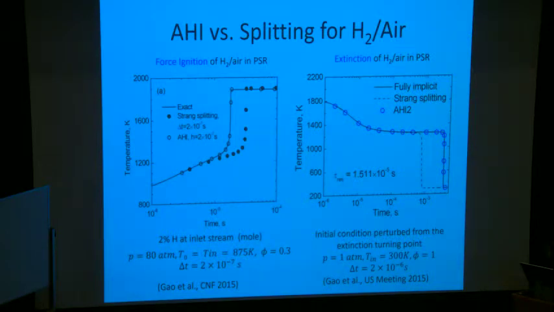The reason, as we explained for the forced ignition, is that if you mess up the radical pool, you mess up the chemistry. That's it. And there's no easy way to fix the radical pool because it's a nonlinear issue. If you want to correct it, how do you correct the radical pool size? So this is the lesson we learned.